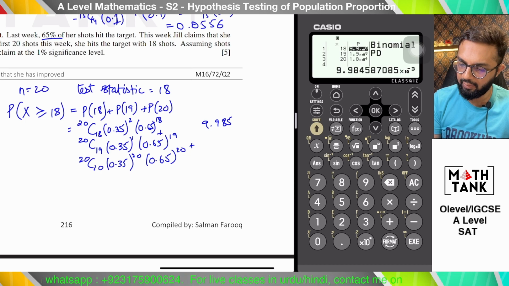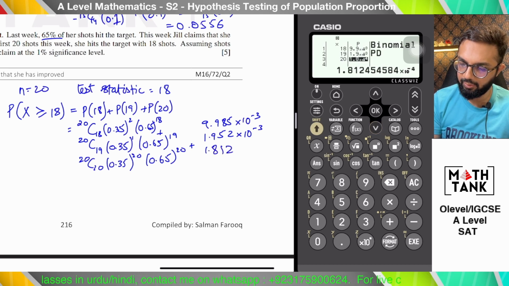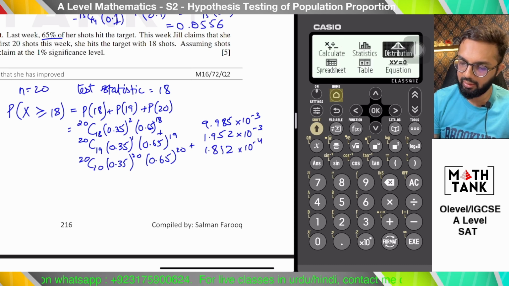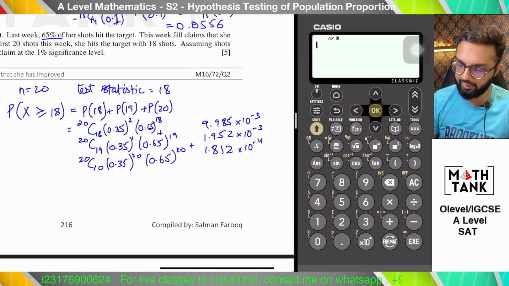9.985 into 10 power minus 3, 1.952 into 10 power minus 3, and 1.812 into 10 power minus 4. Then I go to my normal mode and I calculate these.